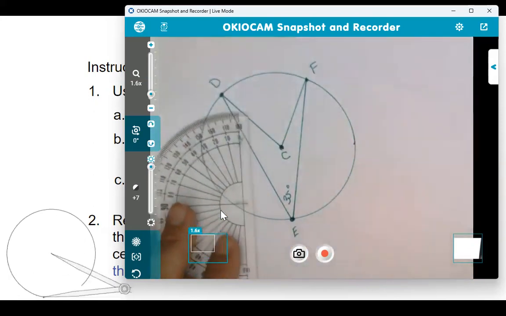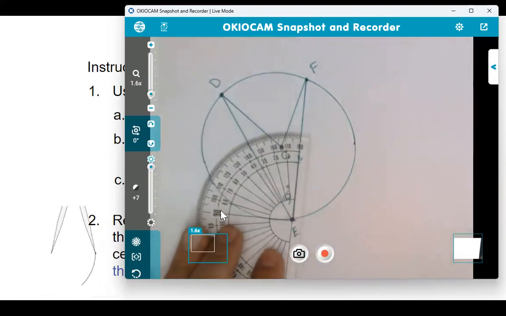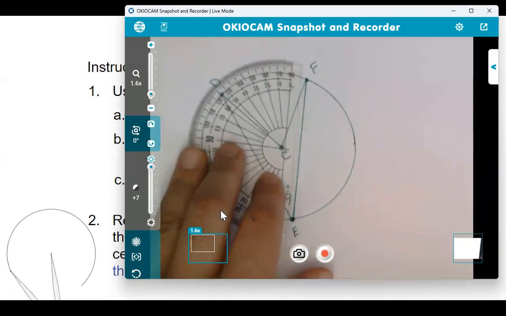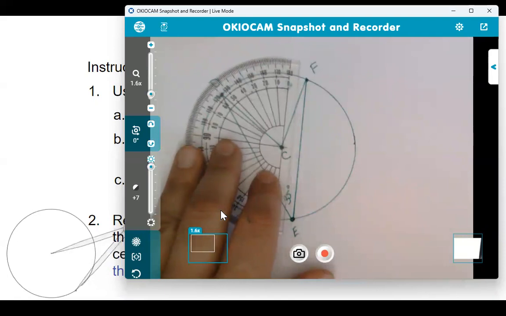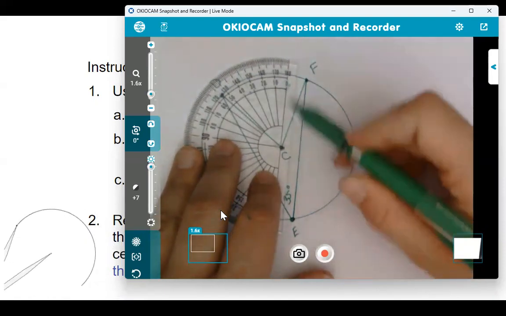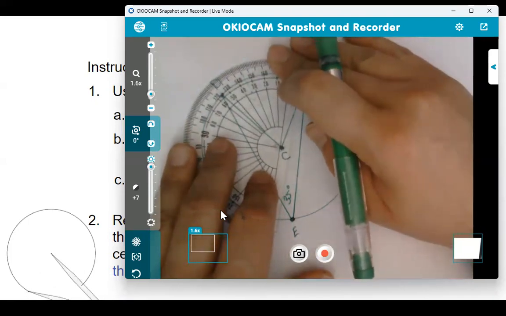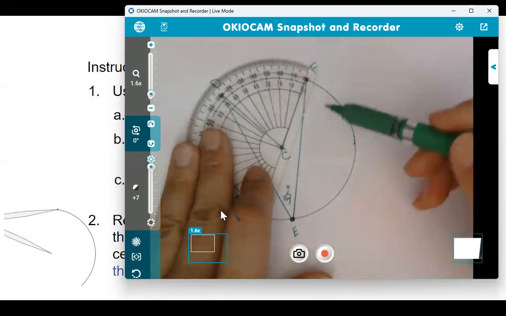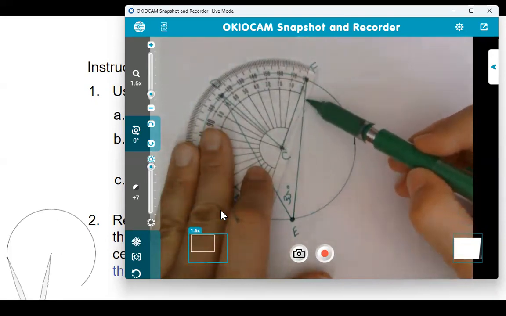Now we're going to go ahead and repeat that. However, we're going to do that now for the central angle. So all you have to do is just slide your protractor up. Align again your vertex with the starting point of your beautiful protractor and just align the side. So again, aligned, aligned.